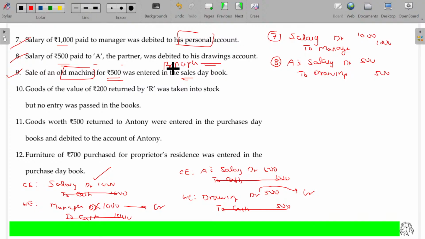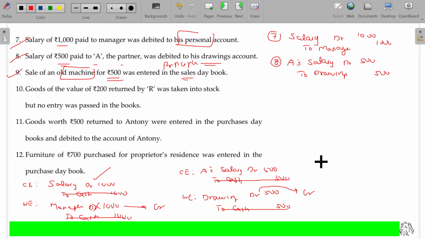Capital may be considered as revenue. Why I am using the type of error here is that in the examination they ask only the type of errors, not the rectification. 5 errors are given and you are asked what type of error this is, whether principal error, omission, casting or posting error. So you have to understand whether it's a casting error, posting error and all.